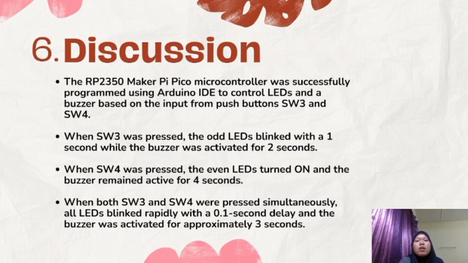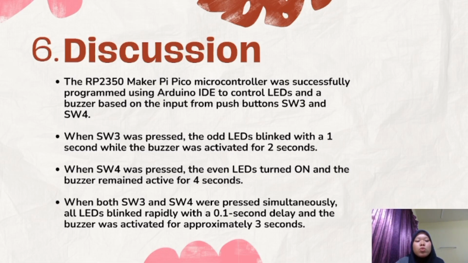For the second condition, when switch 4 is pressed, the even number LEDs are turned on and the buzzer remains active for 4 seconds. The output matches the program requirement, indicating that the input and output control work as expected. The most interesting part was when both switch 3 and 4 were pressed together. In this situation, all the LEDs blink rapidly with a very short delay of 0.1 second, creating a flashing effect.